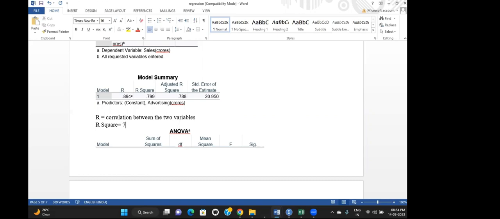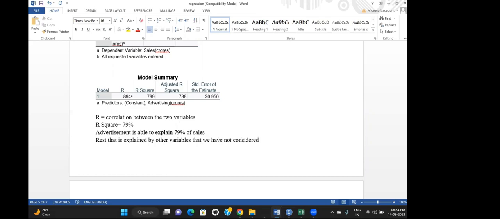This is, let's say, 79%. If it is converted to percentage, so what will you say? That is 79%. It means that advertisement is able to explain 79% of sales. The rest is explained by other variables that we have not considered.